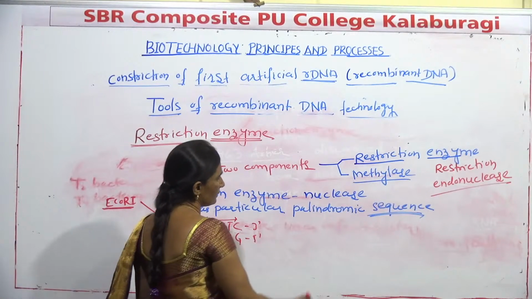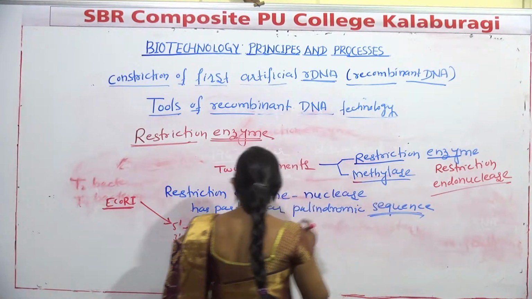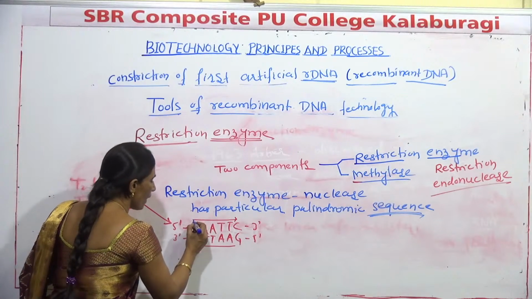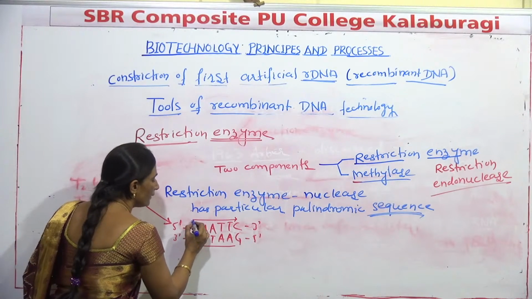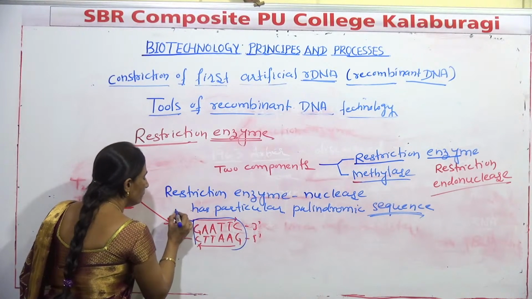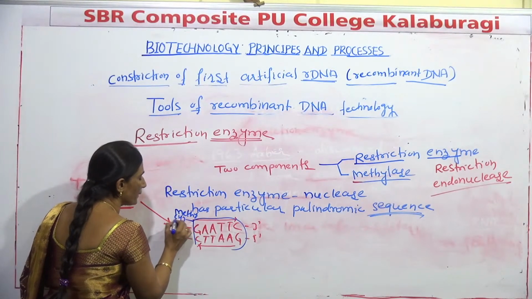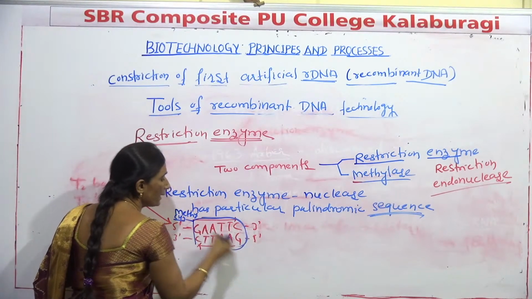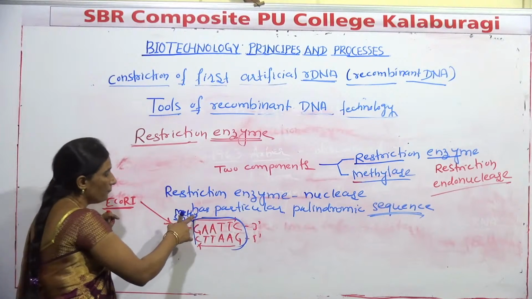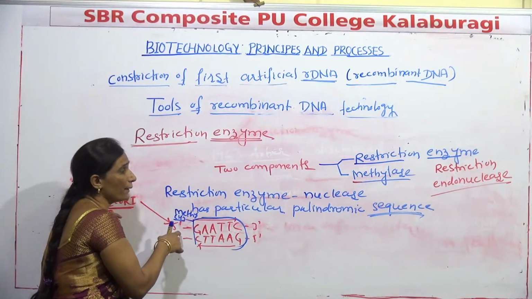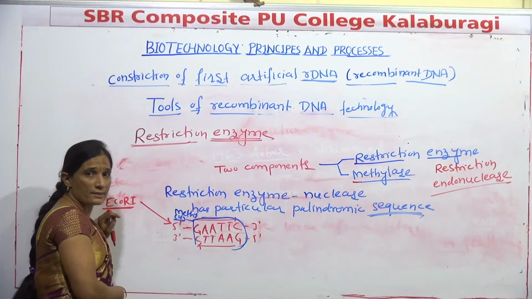The second one is the methylase. It is going to add a methyl group, CH3 group, in a particular region. It also has a particular palindromic sequence.